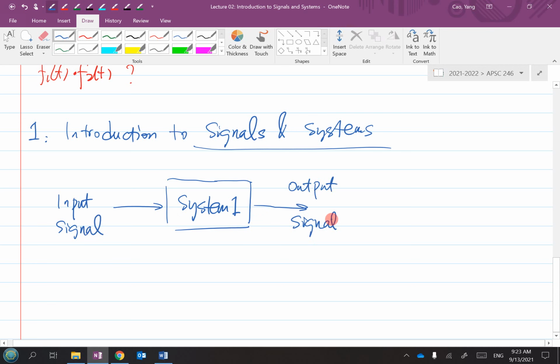We call it the input signal, and the other the output signal. The input signal goes into the system, and then you have maybe a scope you can measure at the output terminal, and you get the so-called output signal. So this is a single input, single output, SISO system.